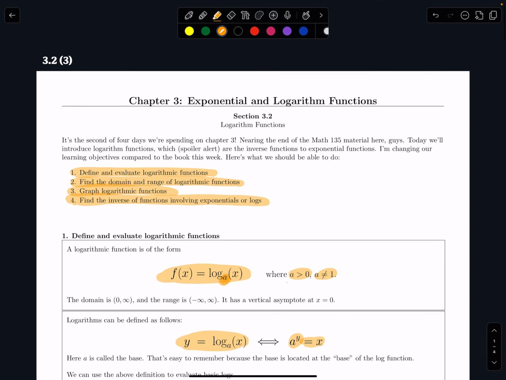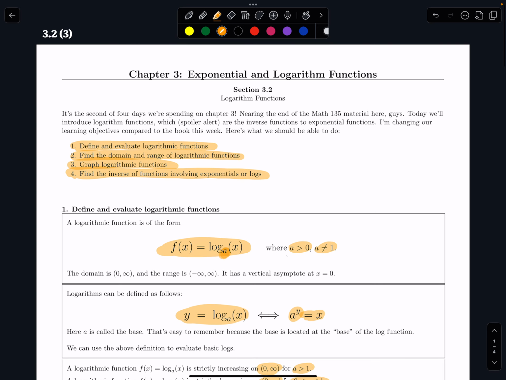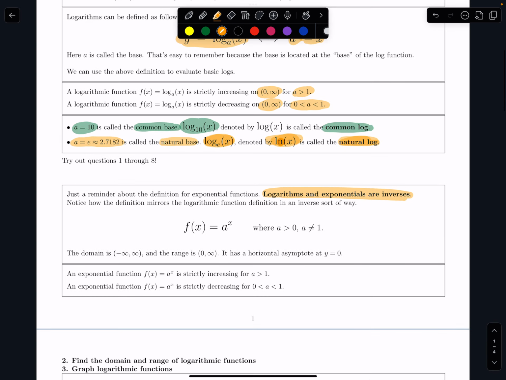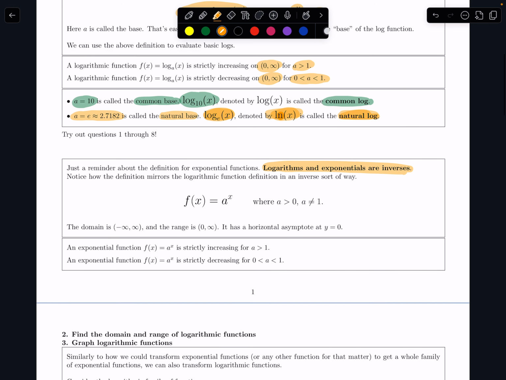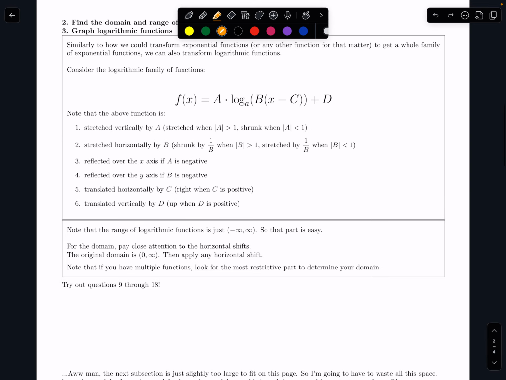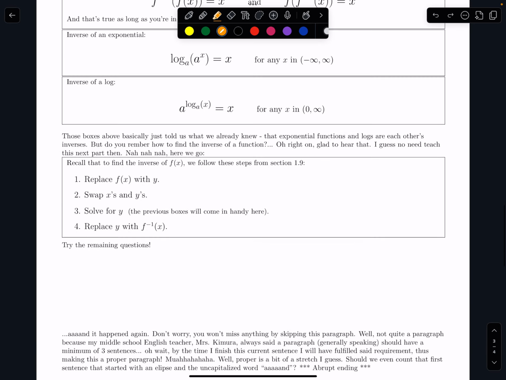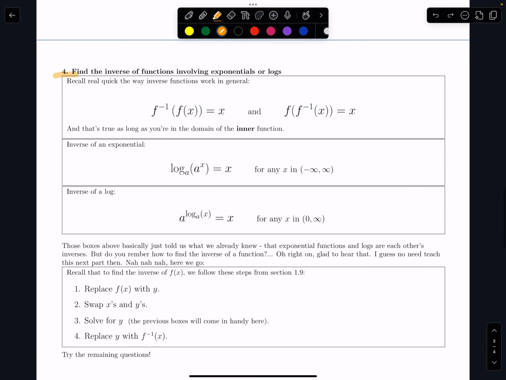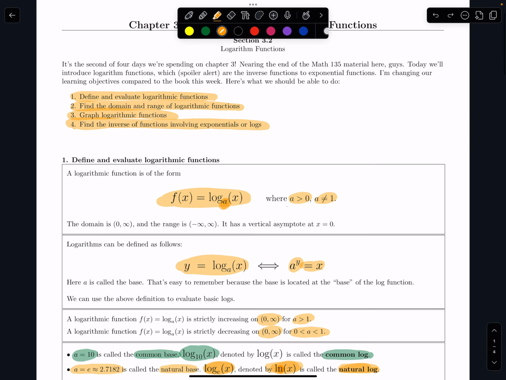Do I want to talk about inverses yet? I think I'm going to save this for later. Let me save that for later. Sorry guys, I think I meant to put these notes down here. So now my notes are kind of screwed up, but it's supposed to go down here when we talk about the inverses. So I'm going to switch my notes around.